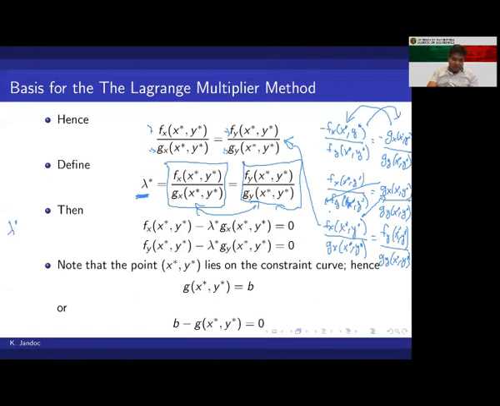Great. Now let's take this first. Lambda star is equal to f_x(x*, y*) over g_x(x*, y*).